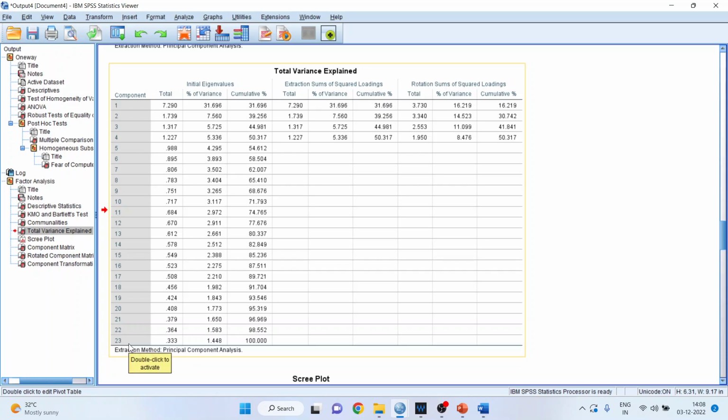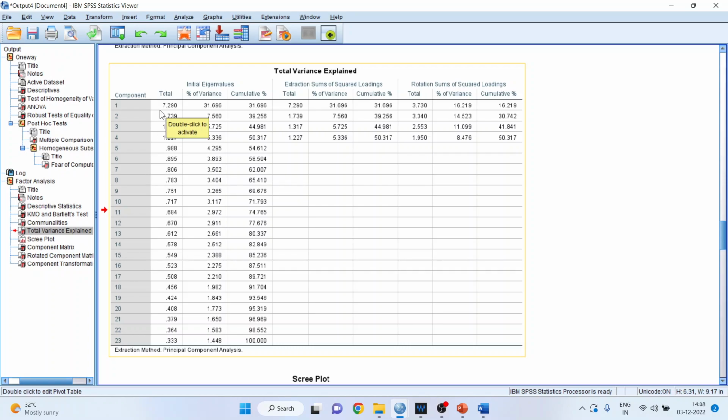On that basis, it will calculate the percentage of the variance and the cumulative percentage variance. Initially, when we are running the factor analysis, it will start the algorithm in such a way that every component will be having an eigenvalue of 1, 1, 1, 1 that way.